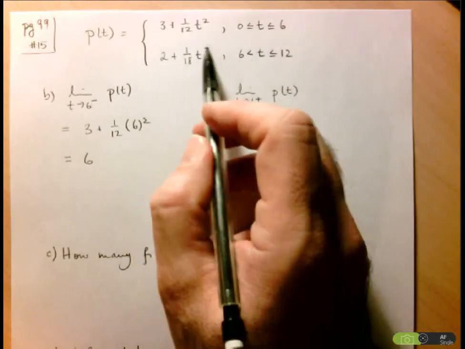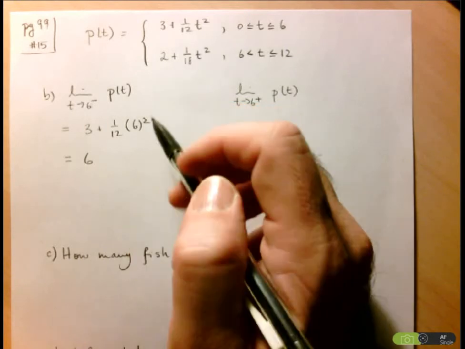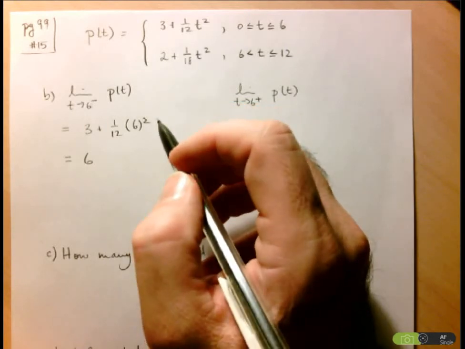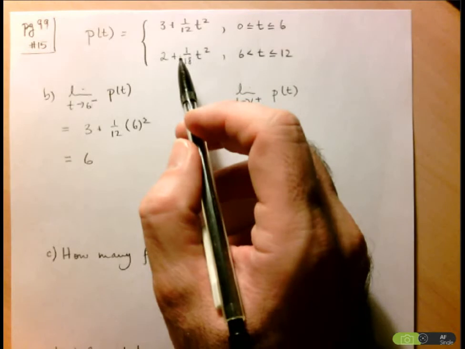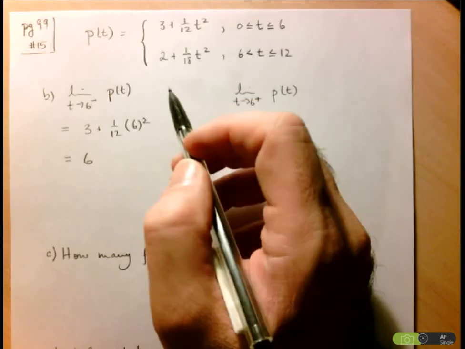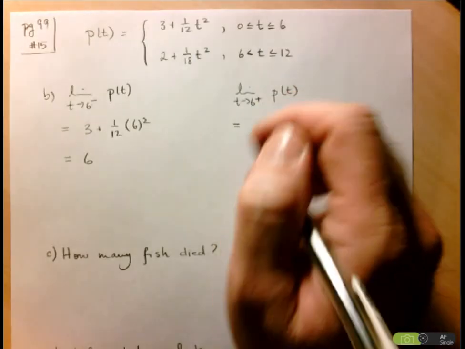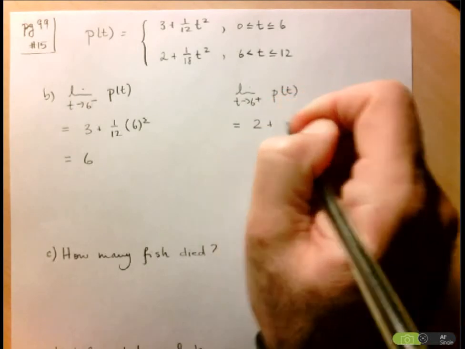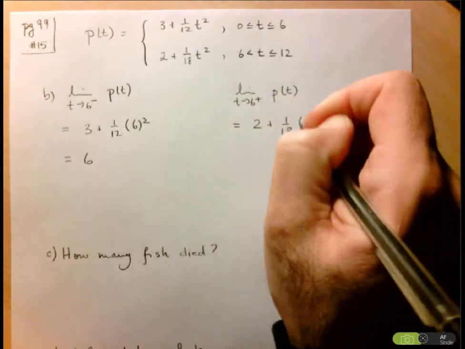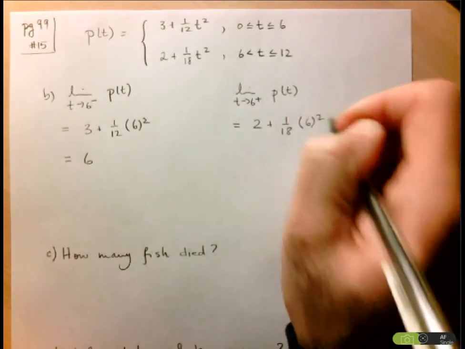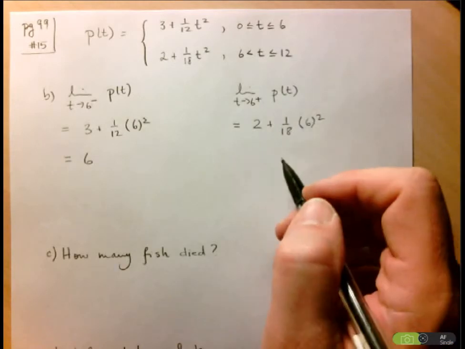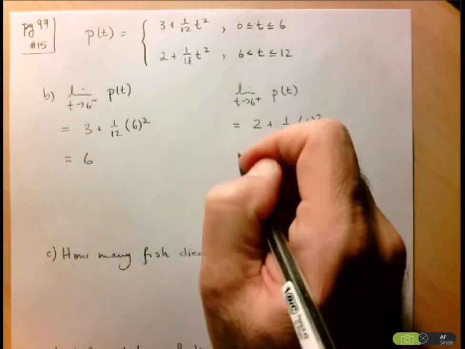However, what this function will approach as t approaches 6 from the right will just be the function value from this equation. So in order to determine this limit, we just have to calculate 2 plus 1 over 18 times 6 squared. So 36 divided by 18 is 2, plus 2 equals 4.